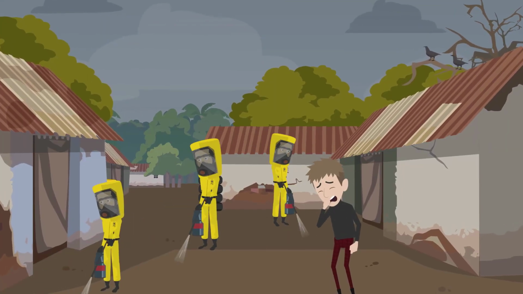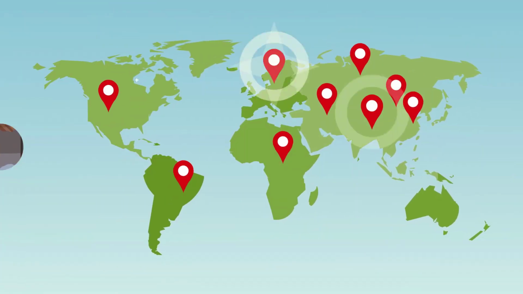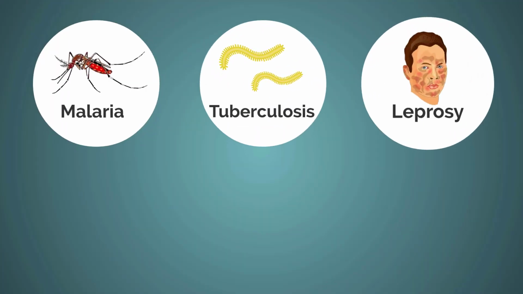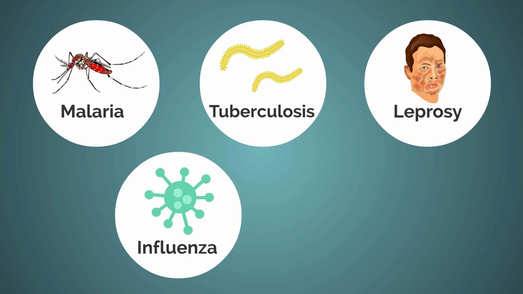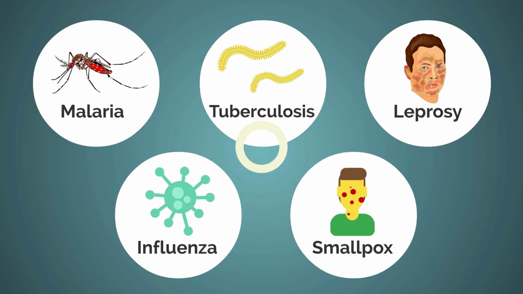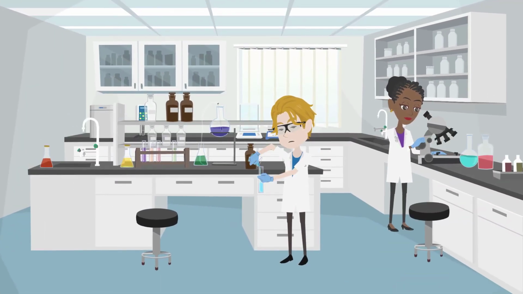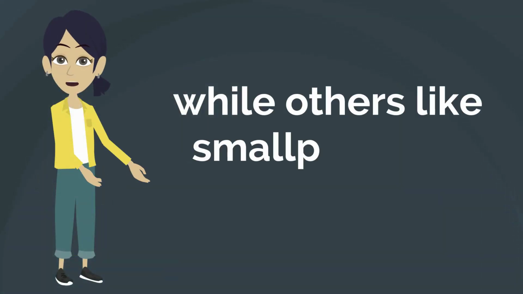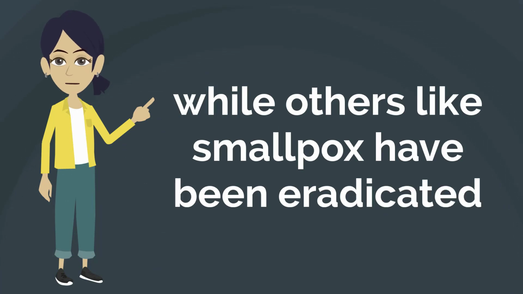Some common infectious diseases that the world has dealt with in the past are malaria, tuberculosis, leprosy, influenza, smallpox, etc. With concerted efforts, some diseases have become curable, while others like smallpox have been eradicated.